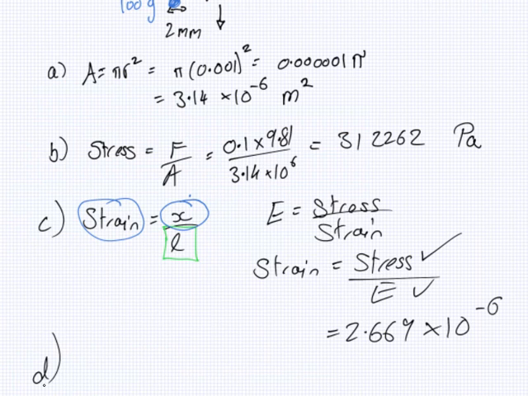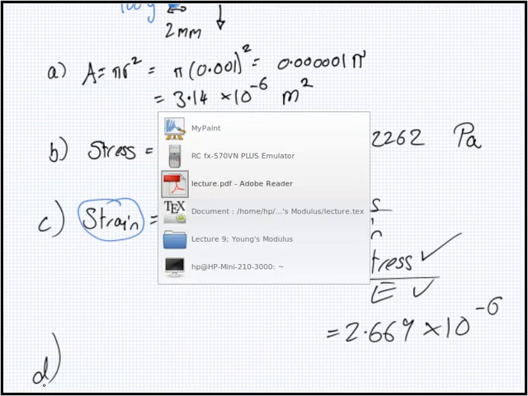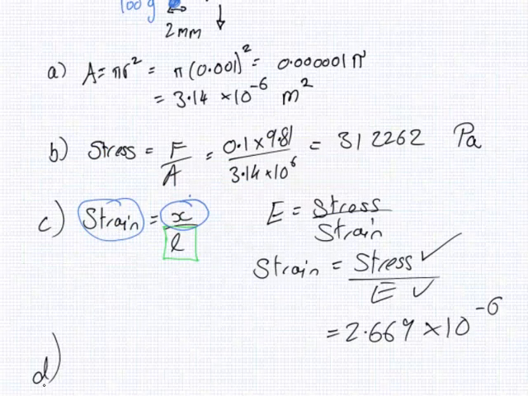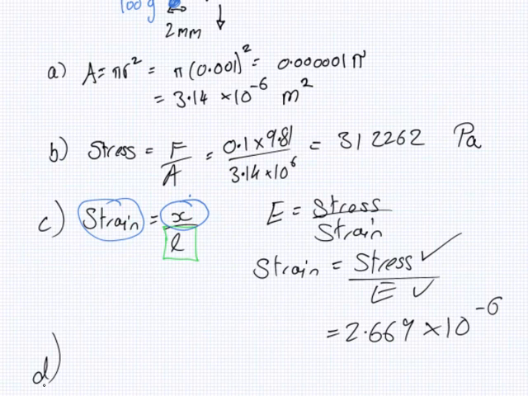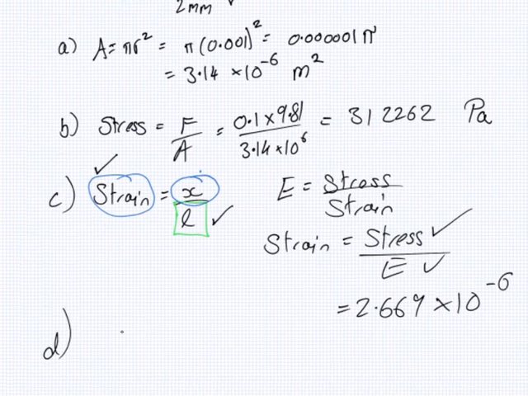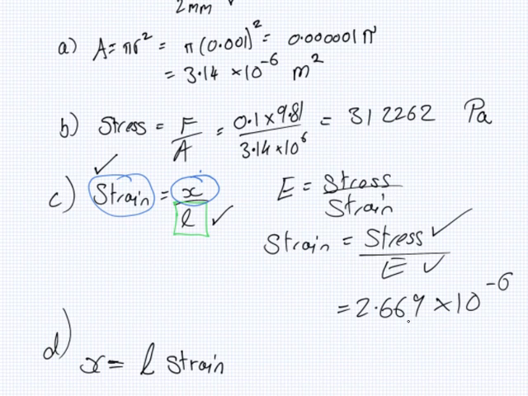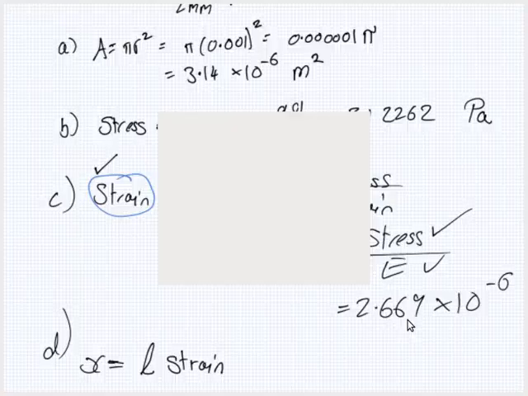Now, what am I going to ask next? Well, now I'm going to ask you probably for the extension. So which formula should I use? Now I can use strain, because I know this and this. So x equals strain multiplied by natural length. What did I say the natural length was? 1.5.